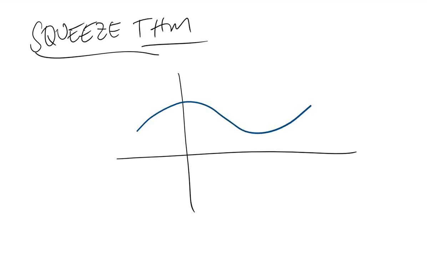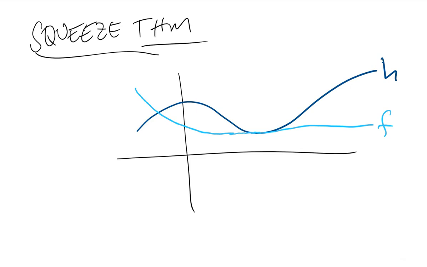So what it says is, this is the squeeze theorem. You have three functions. You have h, and then you have f, and you have a g.